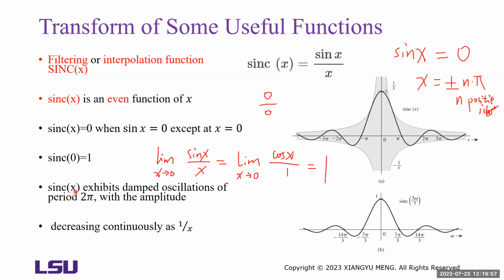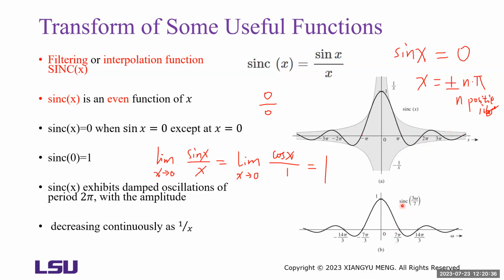Therefore, sinc x exhibits damped oscillations of period 2 pi with the amplitude decreasing continuously as 1 over x. This figure A shows the sinc function. Observe that the sinc function is 0 when x is a positive or negative integer multiple of pi.